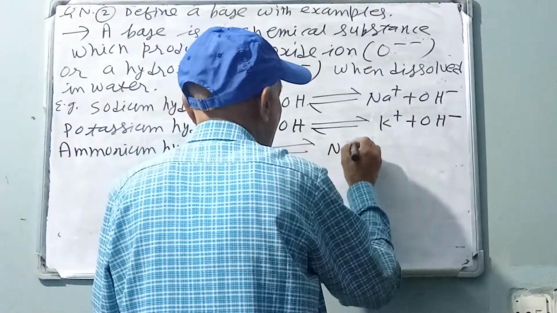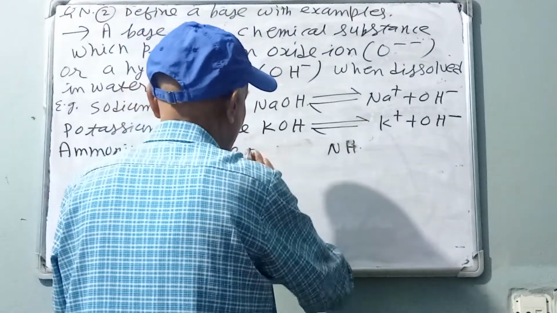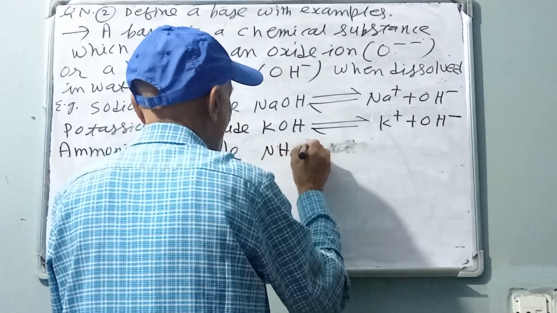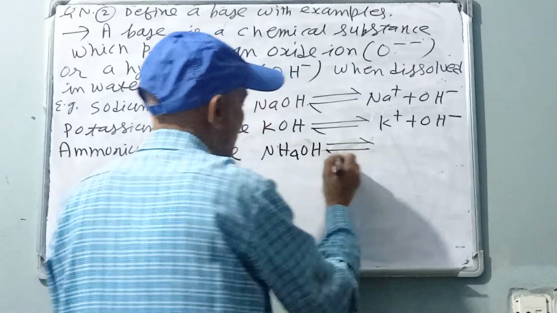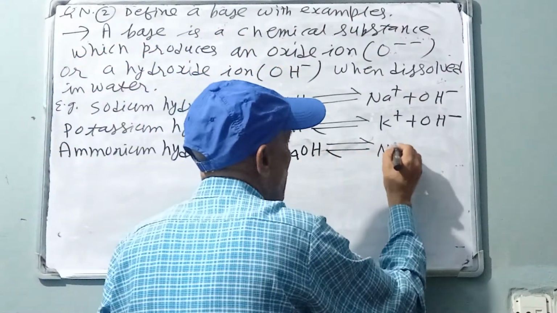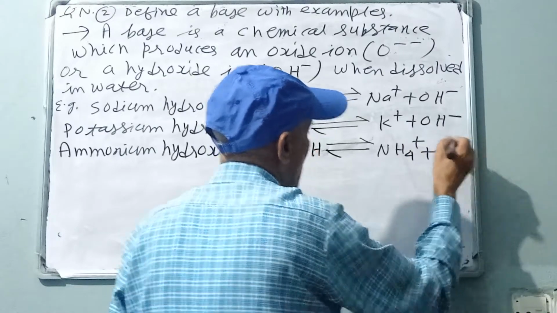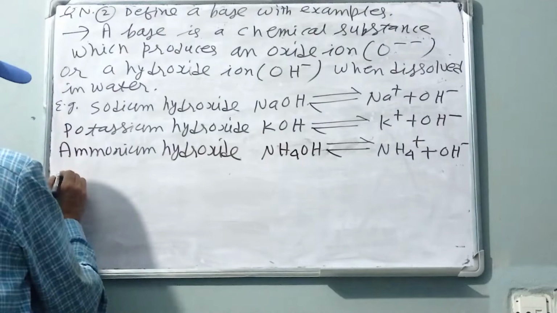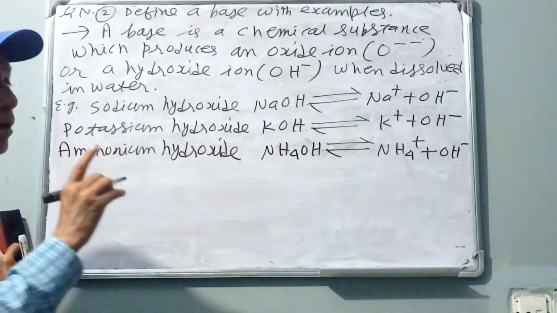Ammonium is NH4, so ammonium hydroxide is NH4OH. Ionization reaction: it ionizes in this way, NH4 ammonium plus hydroxide. Ammonium hydroxide gives ammonium ion and hydroxide ion. Another is calcium hydroxide or lime water or slaked lime.